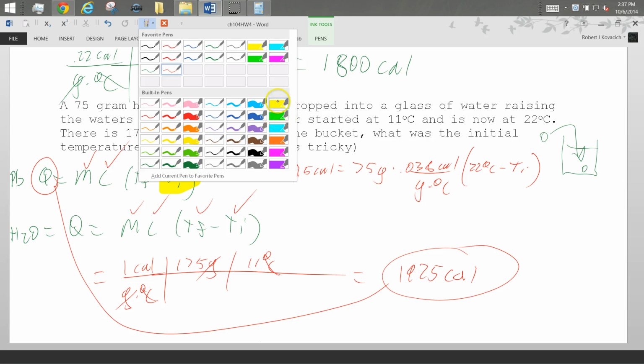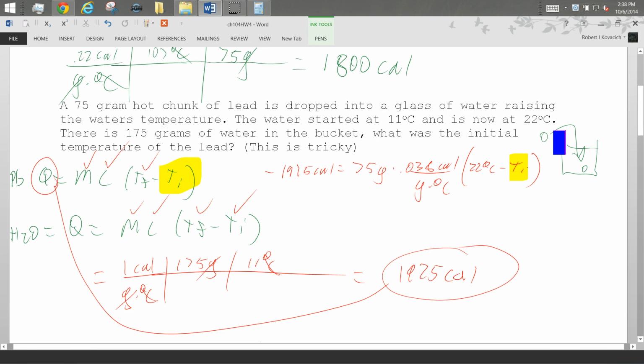This is as hard as the algebra gets in this class. We're looking for that temperature initial. This doesn't work out for us if we do not have this negative sign here. We get a number that's like 44 degrees off.